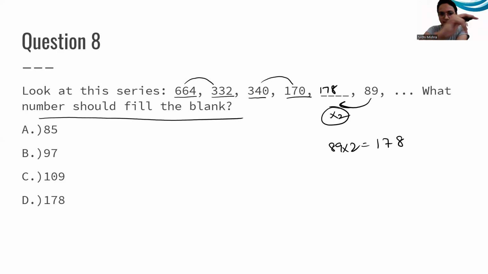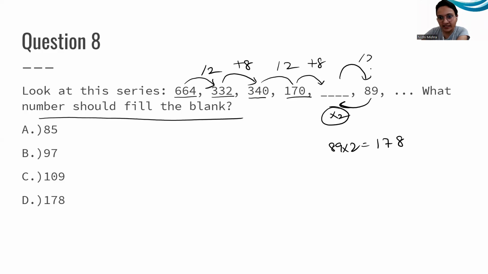Clear every doubt. So if I'm going in this direction, 664, 332, this is divided by 2. And this is addition of how much? 8. And this is divided by 2. This should be addition of 8 as per the pattern. And this should be divided by 2.